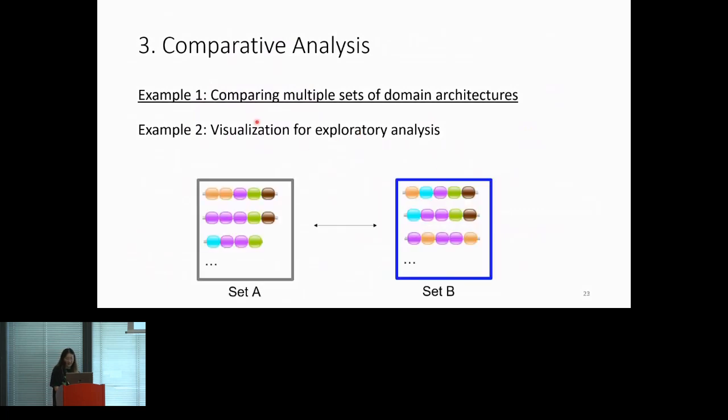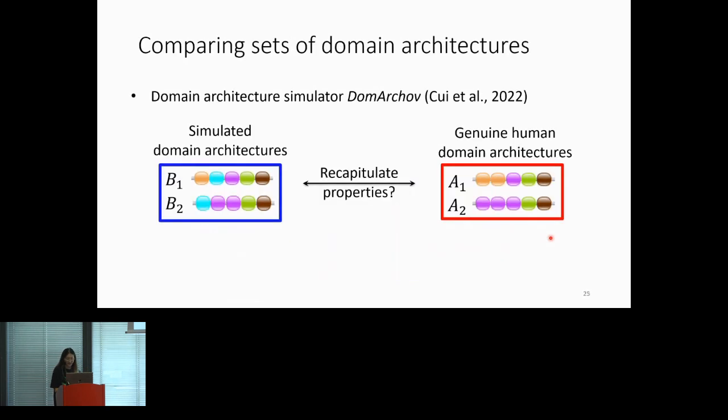The first application is comparing sets of domain architectures. For example, we can ask, how does the multi-domain proteome differ across species? I first developed this framework because I wanted to compare simulated domain architectures with real domain architectures, to assess how well the simulator recapitulates properties of genuine domain architectures.